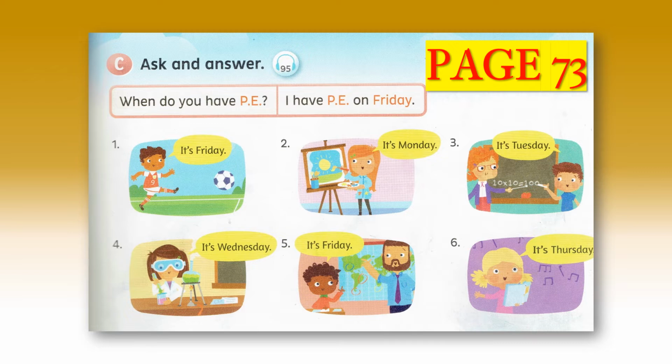We're going to look at the 6 subjects. If you look at each picture, the children are saying a day. So we will do the answer, I have, and then on, and then we will name the day. So the answer has the name of the subject, PE, art, maths, and a day. Are you ready? Let's go.